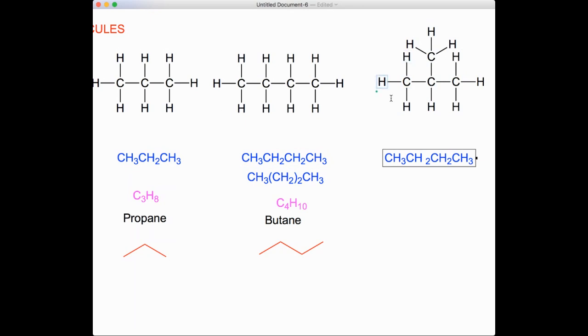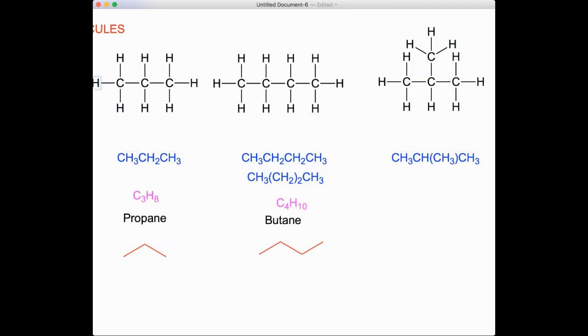So I'm gonna set CH3, CH, parentheses, CH3, CH3. Basically you put in parentheses anything that is attached to the main carbon chain. We'll practice this more in the next class, but still we have time today. So we have CH3, CH, parentheses CH3, CH3.